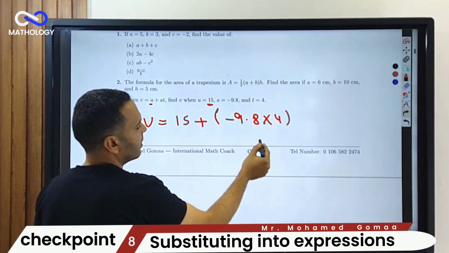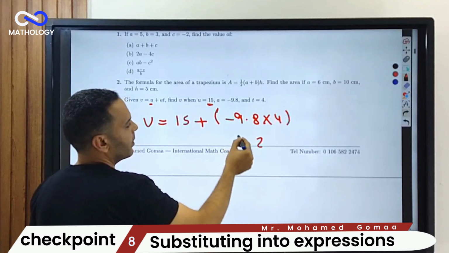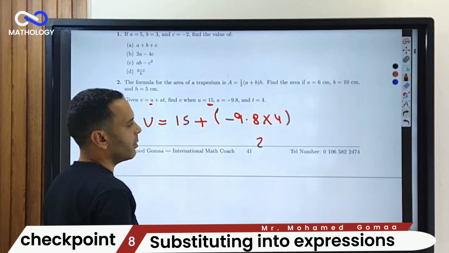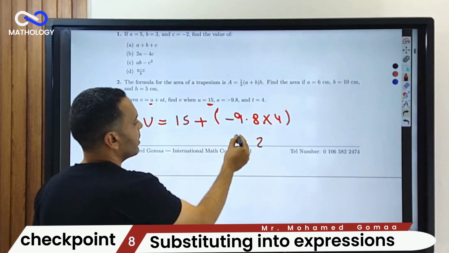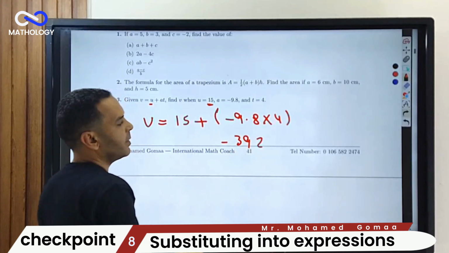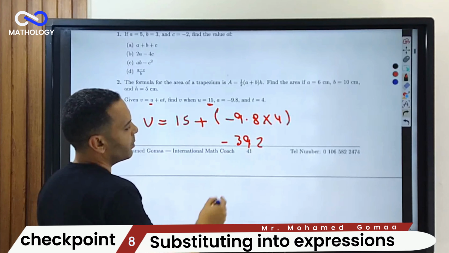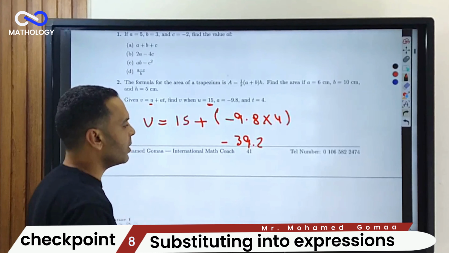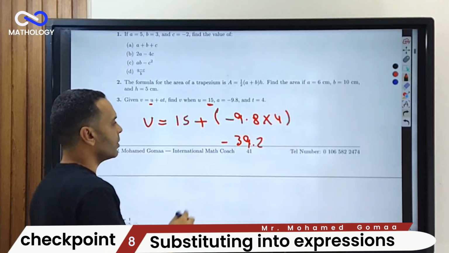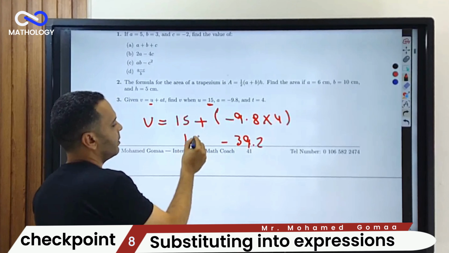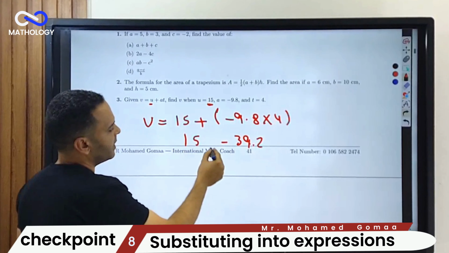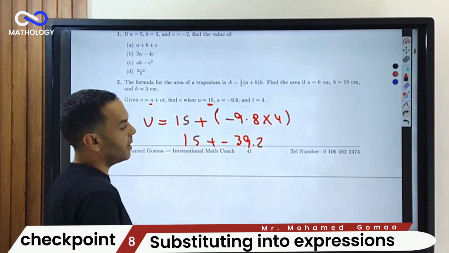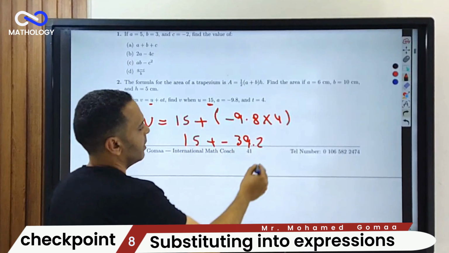4 multiply 8, 32. We write 2 and carry 3. 4 multiply 9 equals 36 plus 3 equals 39. Put negative, different signs. Put the decimal point after one digit from the right. So it will be -39.2. And here, bring down 15. 15 plus -39.2 will be negative.